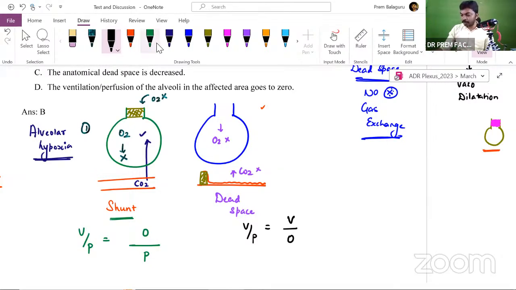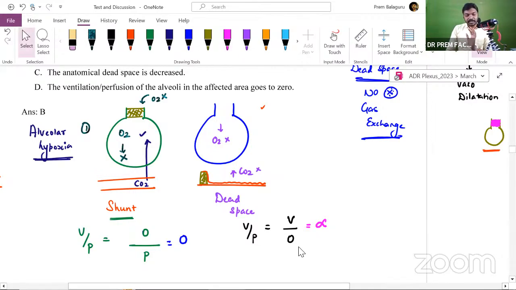Now, when it comes to the values, if you take 0 as the numerator and the denominator is normal, you are not going to find any meaningful value. So the V/Q ratio in shunt is going to be 0. The V/Q ratio in dead space is going to become infinite because you are going to divide ventilation by 0 and you're going to get a value of infinity.